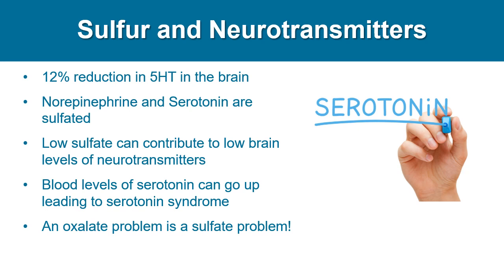Now, blood levels of serotonin can go up as well, and this can lead to serotonin syndrome. So again, oxalate problems create sulfate problems, and they can create neurotransmitter problems. So a lot of times when people come to me and they're suffering with depression or anxiety and they believe it's due to their pain, I actually will argue that it could actually be due to this as well.